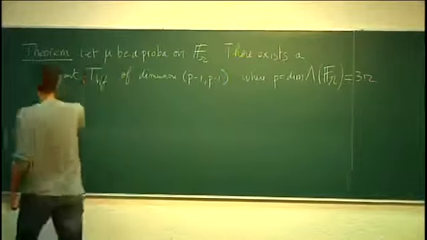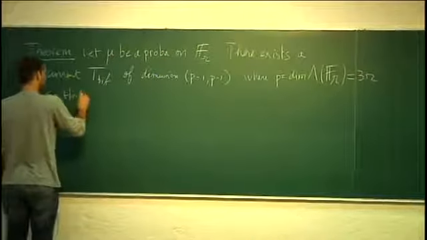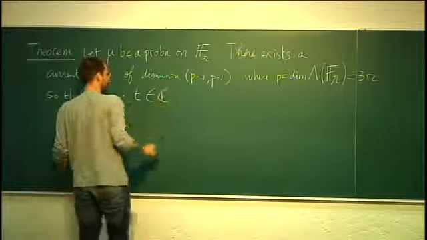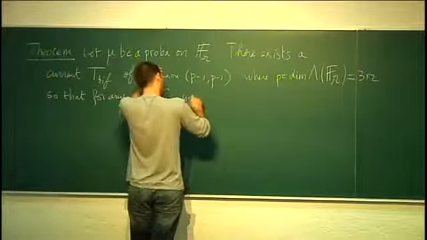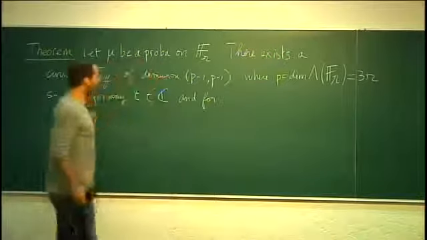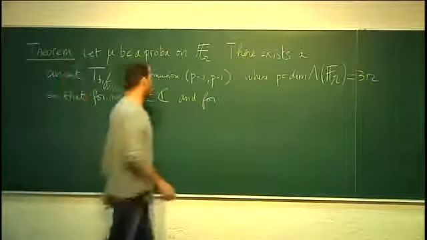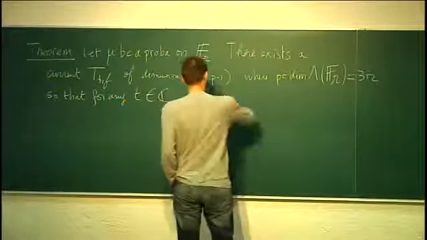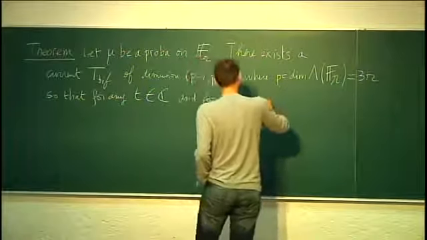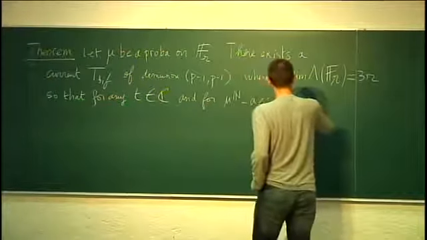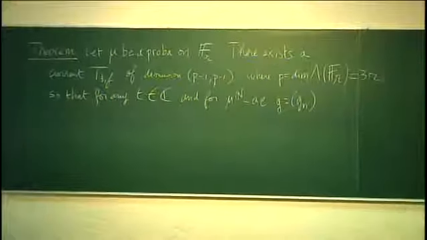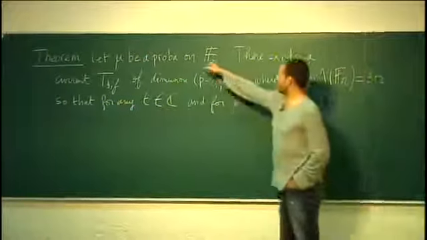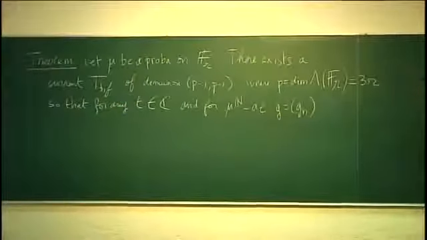So that for any complex number T, and for almost every random sequence chosen, so I recall that we choose some elements in F_R randomly with a distribution nu and independently.